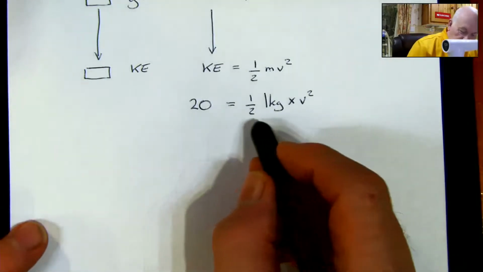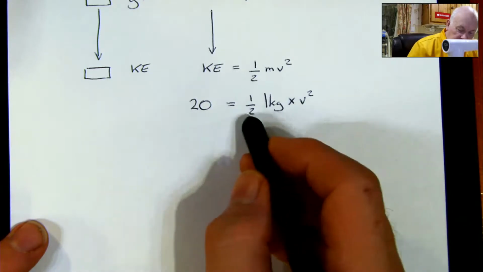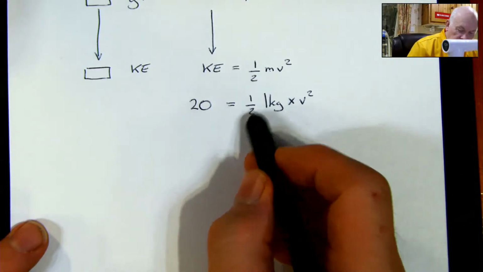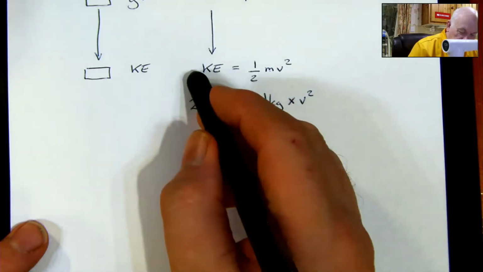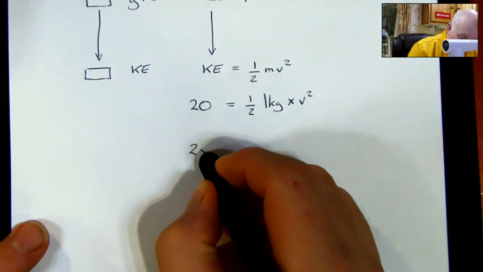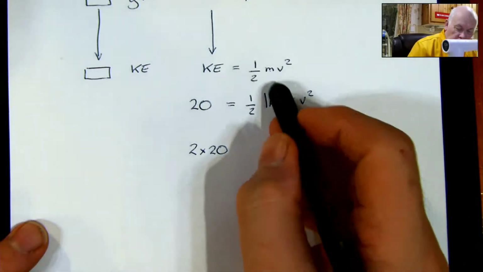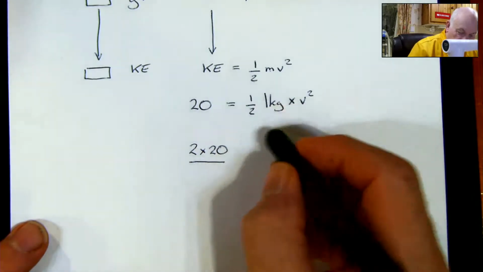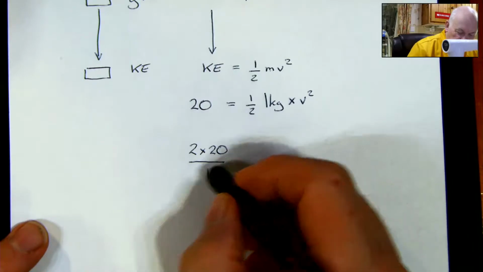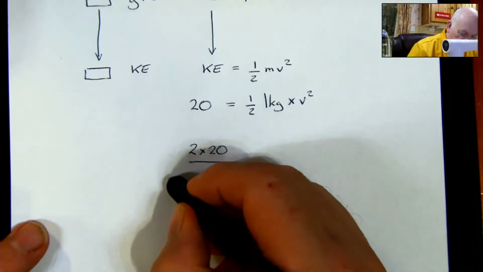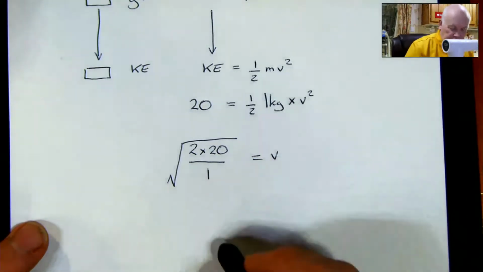So let's see if we can work out what my velocity is going to be. So let's rearrange this formula. I'm going to put a 2 up there. So I've got to have 2 times my 20. And then I'm going to divide that by my mass, which is 1. And then I'm going to need to square root my answer to get my velocity.